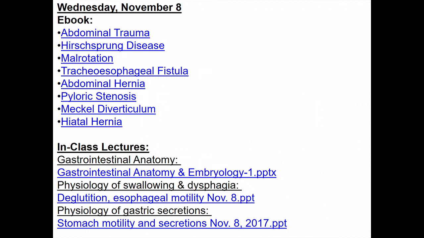It says, for Wednesday, November 8th, you should look at these pages in the ebook because these topics will be covered, all right? And these are the handouts for the 3 in-class lectures that you're going to do. So hopefully, and we encourage the students, Tuesday night, look through these. Make sure you got a feel for where we're heading with this.